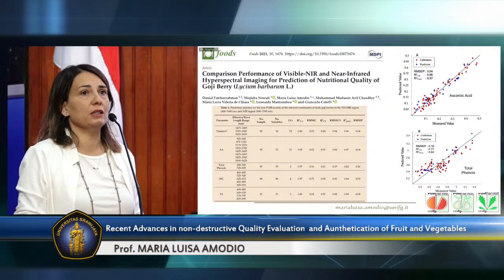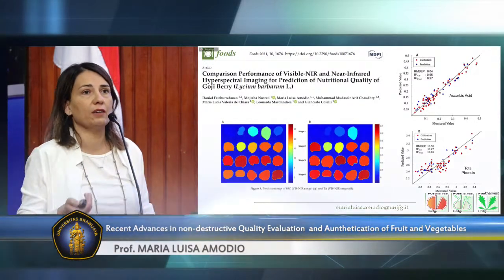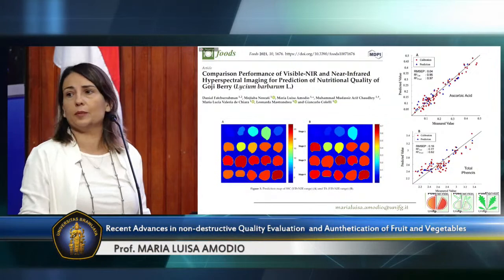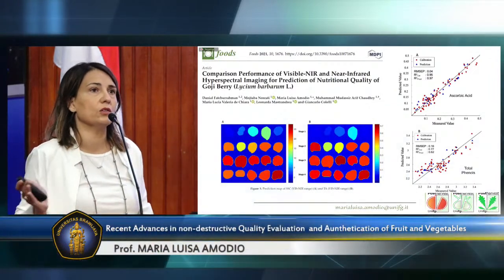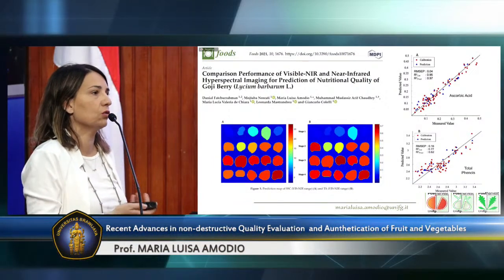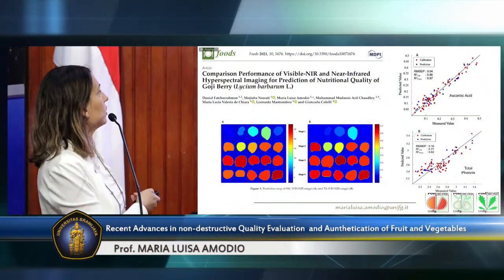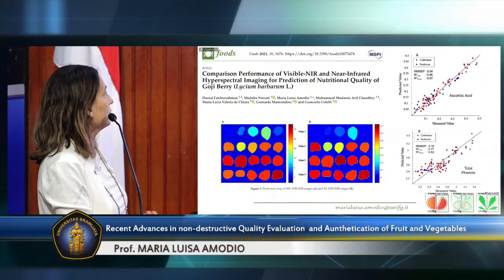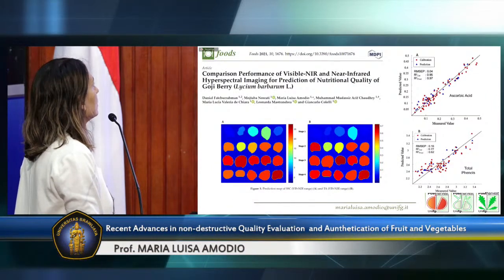Here we can see prediction of ascorbic acid and total phenolics of goji. Having this model on the mean spectra, we may know online the content of vitamin in this case, or sugar, fruit by fruit. The color here is a color map indicating the concentration of the constituents.